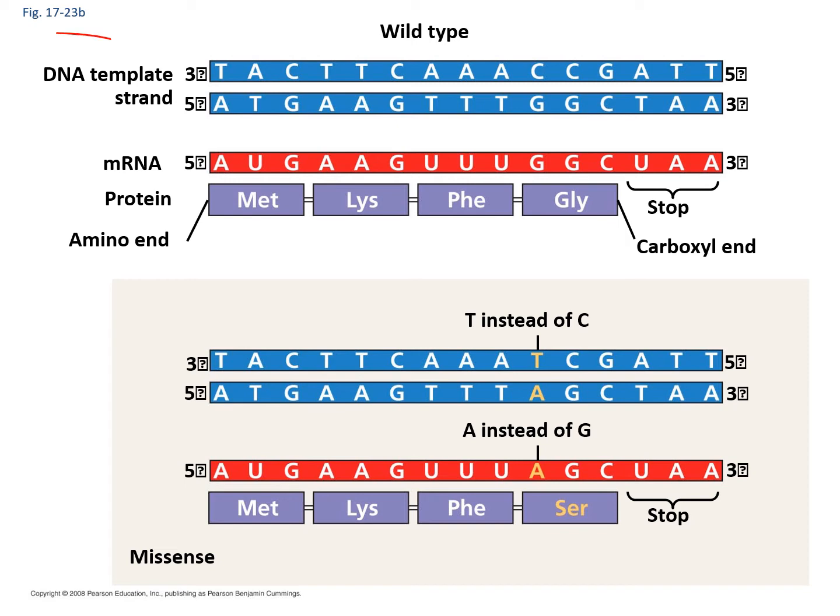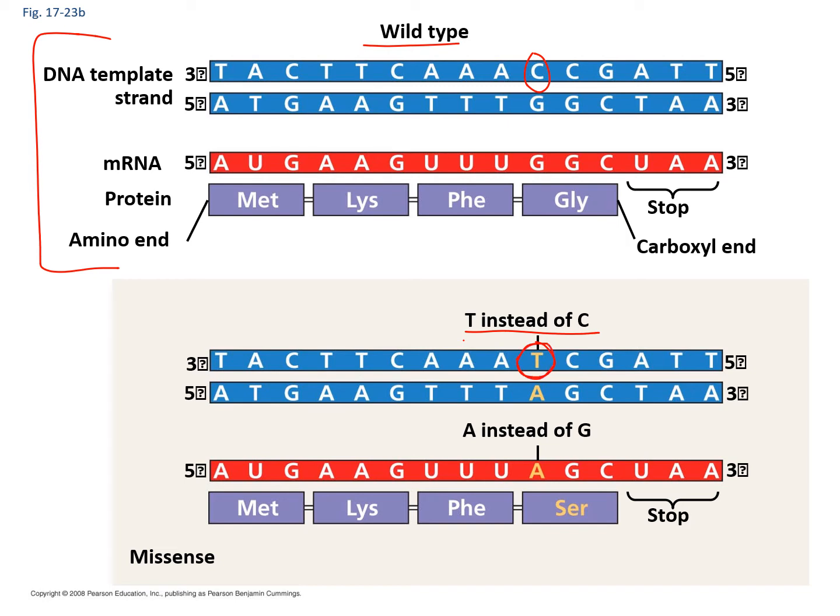So this is the same setup as before, and in this case, this cytosine is going to be mutated to a thymine. So the original wild type, which means the normal type, sequence was a cytosine at that location, now it is a thymine.